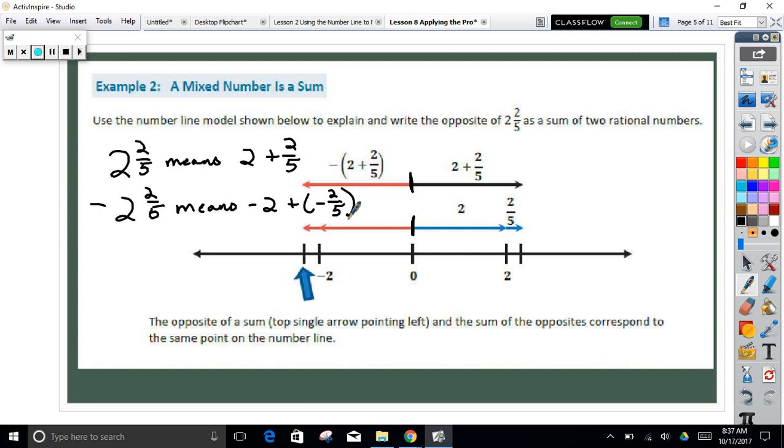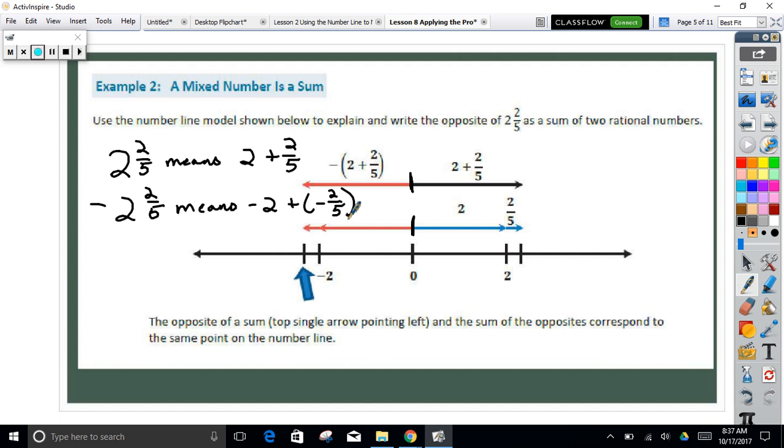That's the takeaway from this page. If it helps you to visualize it on the number line, great, but as long as you remember this part, that's what I want you to remember.